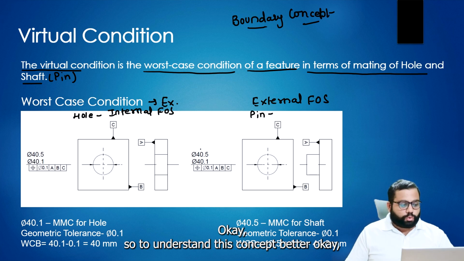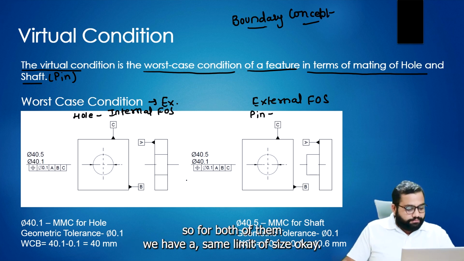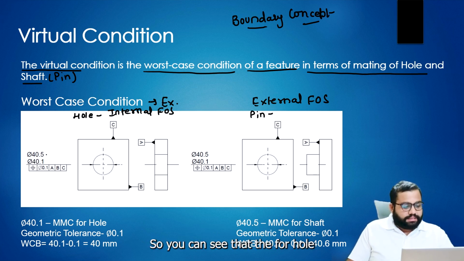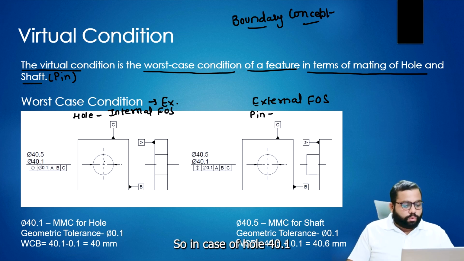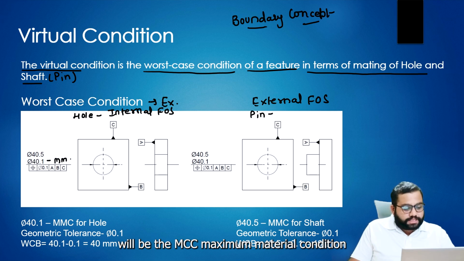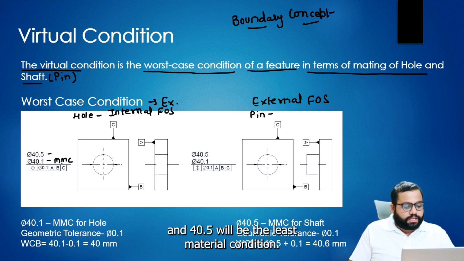To understand this concept better, for both of them we have the same limit of size. You can see that for the hole, 40.5 and 40.1 is the limit of size, and for the shaft also we have the same limit of size. In case of the hole, 40.1 will be the MMC, maximum material condition, and 40.5 will be the least material condition.